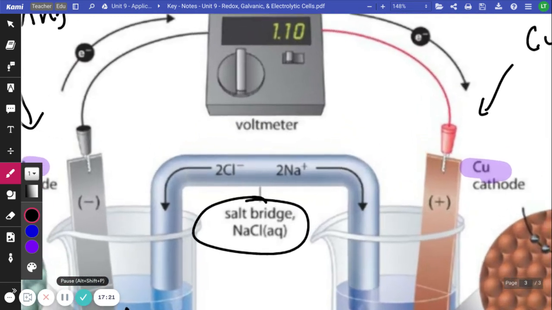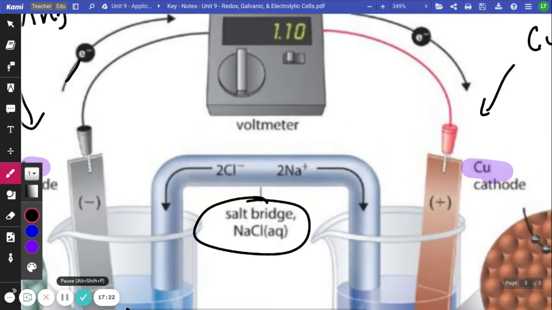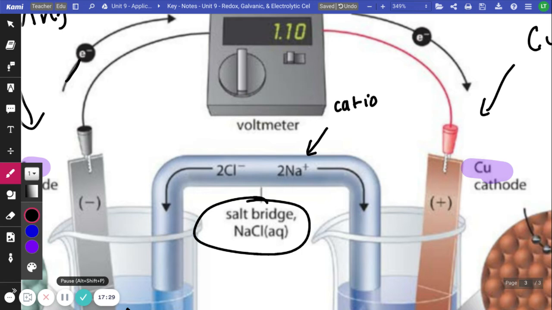Basically our Na, our positive ions, our cations, are going to move towards the cathode, and the cathode is where our reduction is taking place. So it's going to move towards the buildup of negative charge.